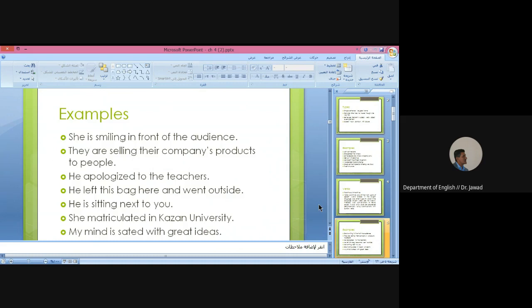Now, in this slide, we are in front of examples, and in these examples, we have a variety of verbs.